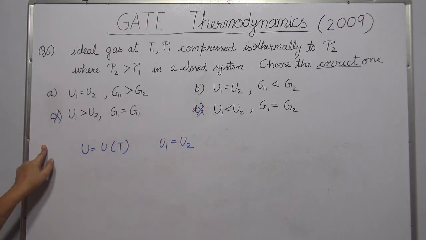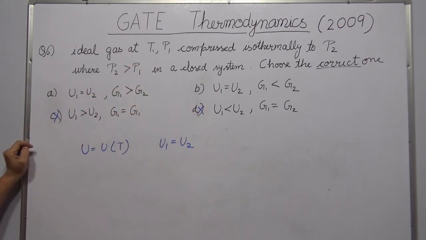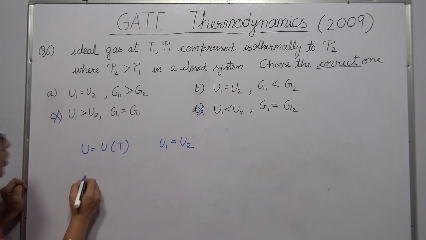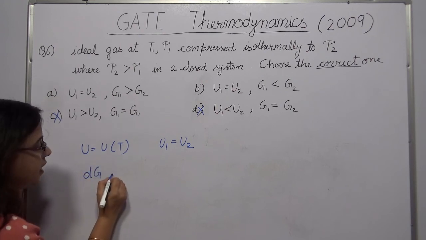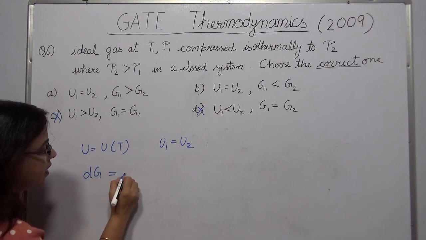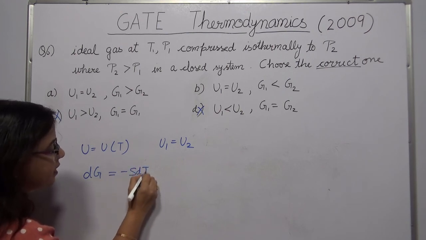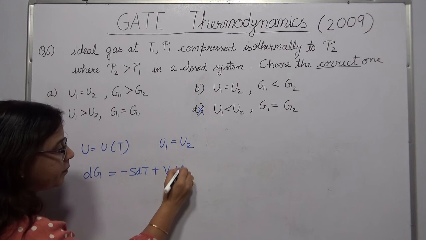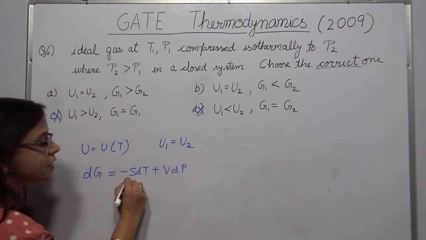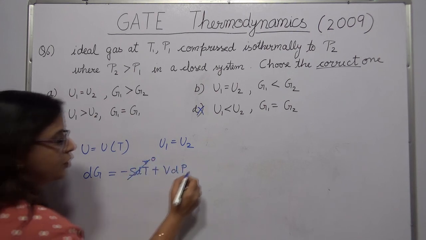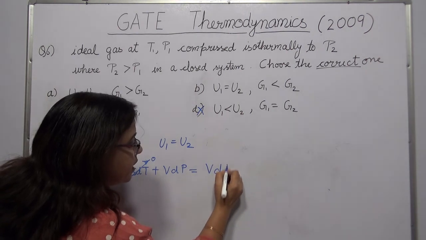Now let's find out how G changes for this isothermal compression. We know that the change in Gibbs free energy is given as dG equals minus S dT plus V dP. Since temperature is held constant, the first term goes to 0, so I am left with only V dP.